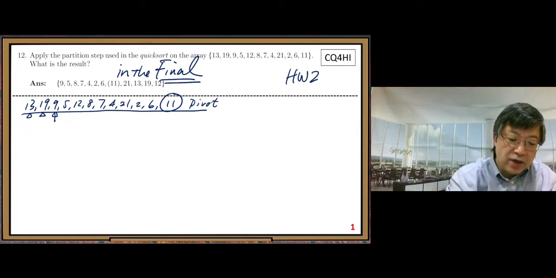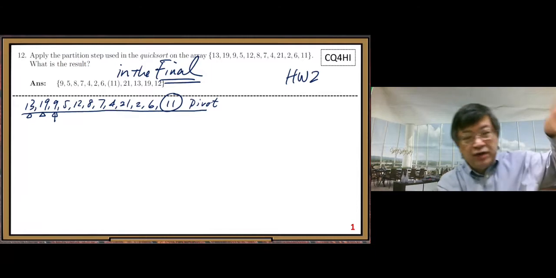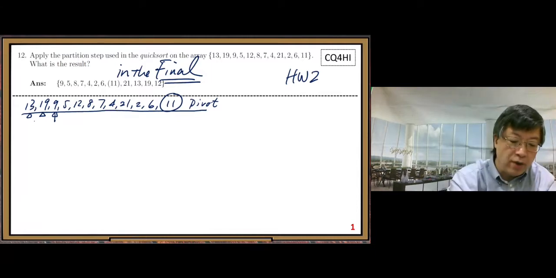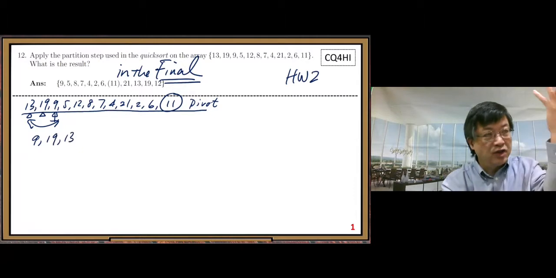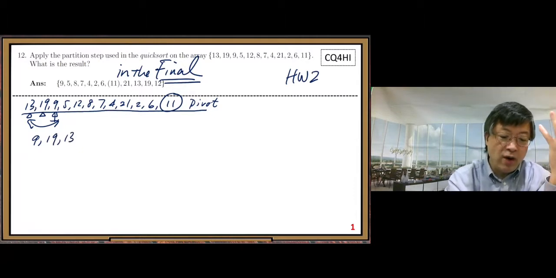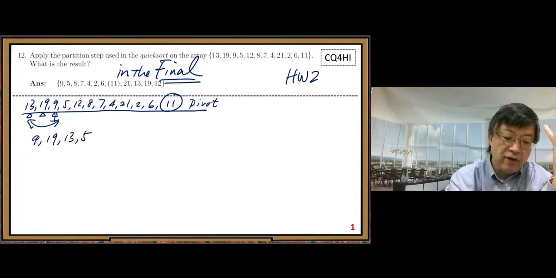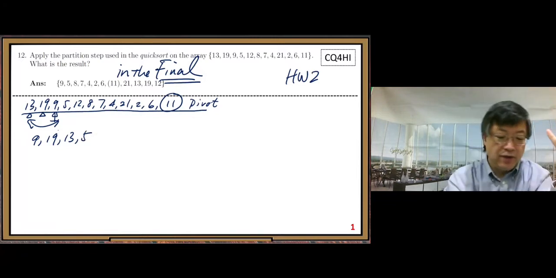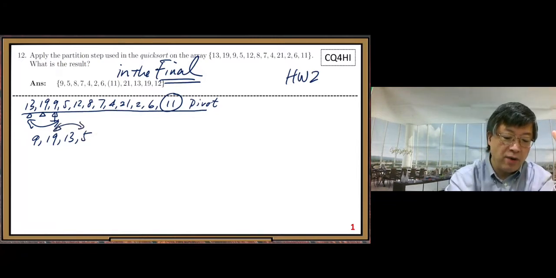All right, so the 9 to put at the left subarray, we do swap operation. 13 and 9. So 9, 19, 13 after that swap. The next one, 5, less than the pivot. This time swap operation like this. Okay, so 9, 5, 13, 19.